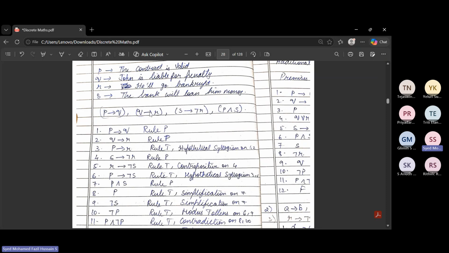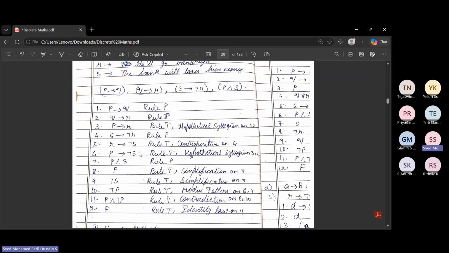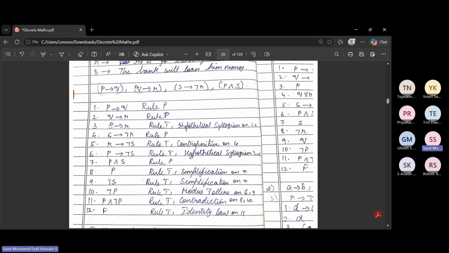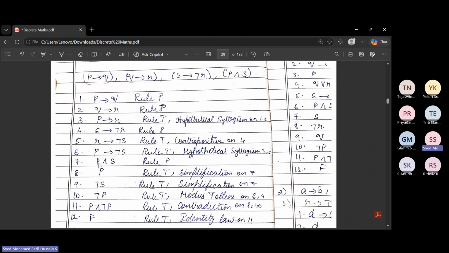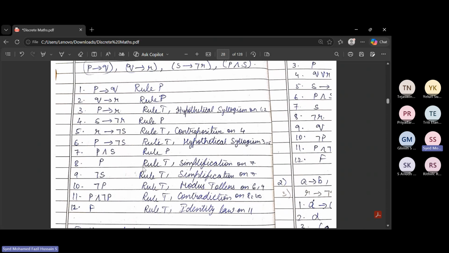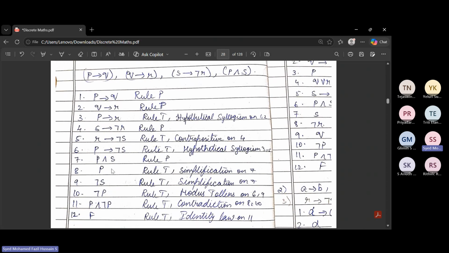As you can see in these premises, P then Q, then R, if we assign P then R and S then not R, R then not S, and then P then S, and P then not S, and after that P and S. From there, P follows by simplification.